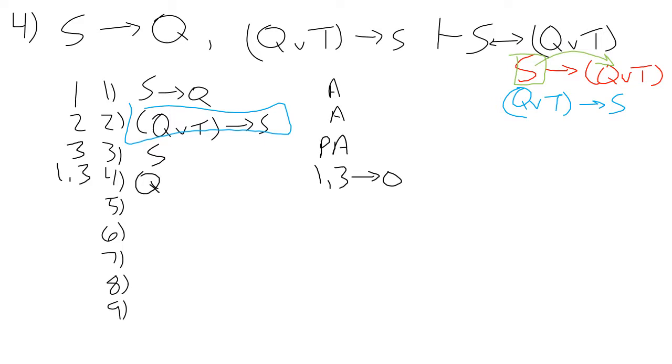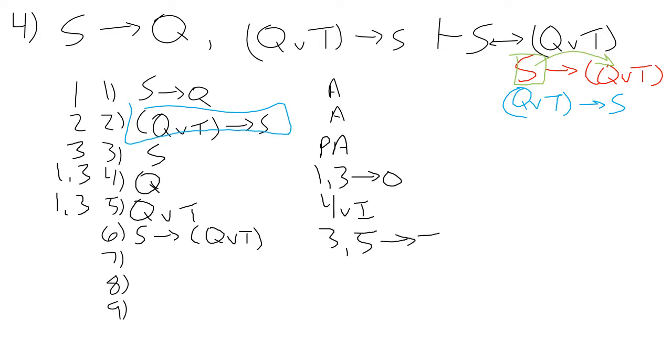Now we just need to wedge in our T on 4. And with that, we can build our conditional statement that we're looking for from 3, 5, arrow in. And so that will be from 1 and 3.